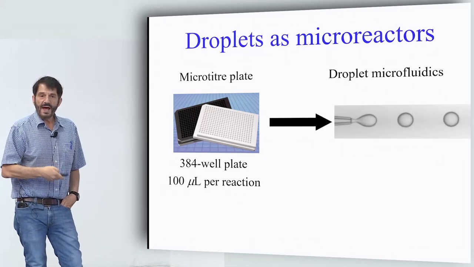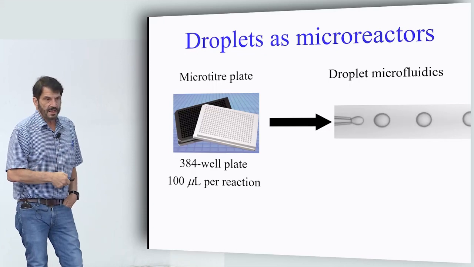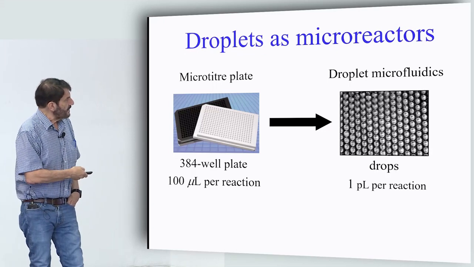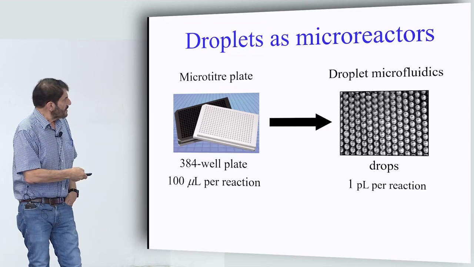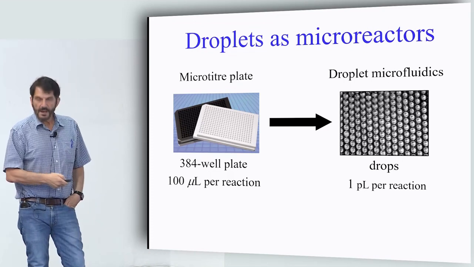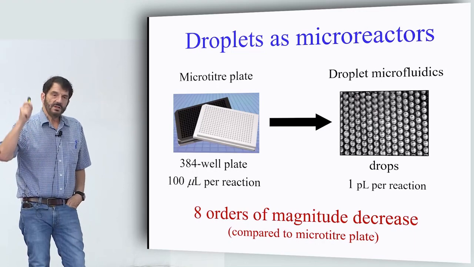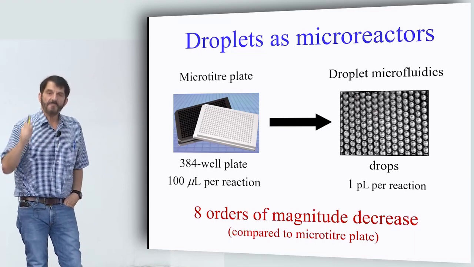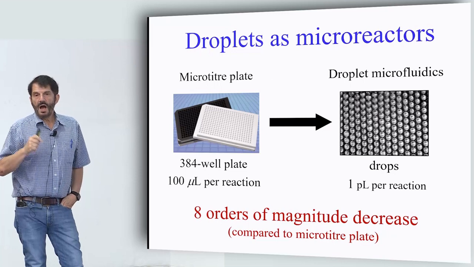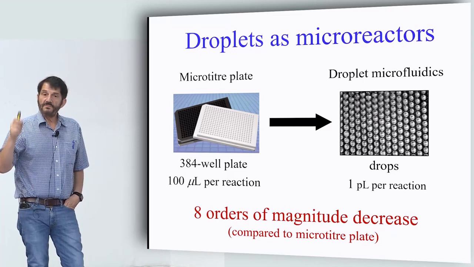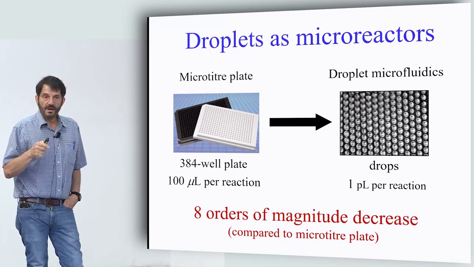So each drop now becomes a reactor, and the size of these drops are about a picoliter. So the difference between a picoliter and a microliter is 8 orders of magnitude. That means that we can do 10 to the 8th more experiments than you can do with a well plate, given the same volume of material.